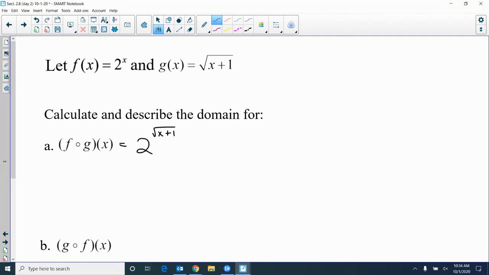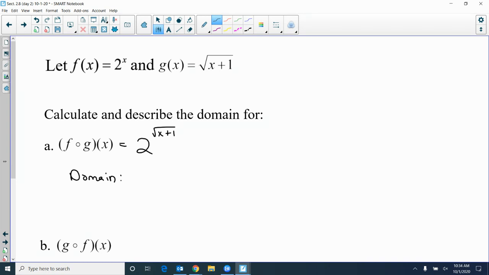Done. But you do need to describe the domain. Take a look at it. What do we need to worry about? Tyler, what do we need to worry about? X plus 1.